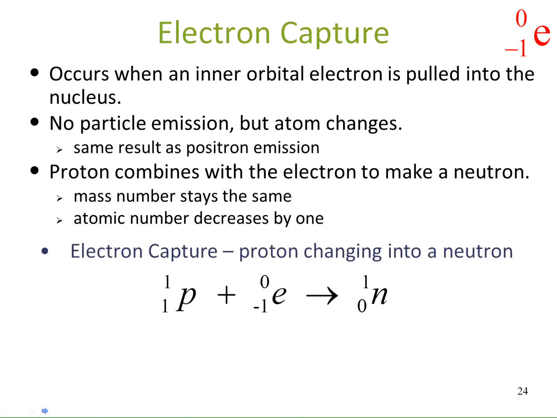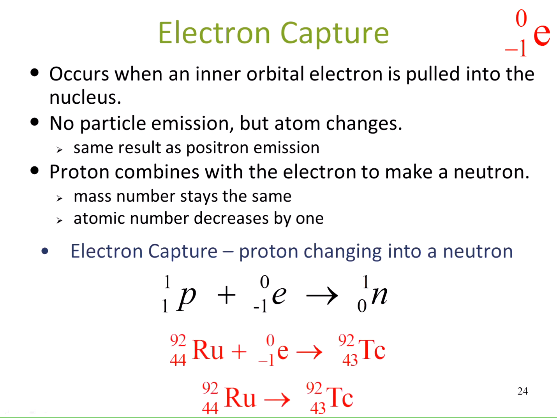So in electron capture, the proton changes to a neutron because it's taking in the electron from an inner orbital, and when they combine together, that proton and the electron make a neutron. An example of an electron capture reaction is with ruthenium-92. It has 44 protons.